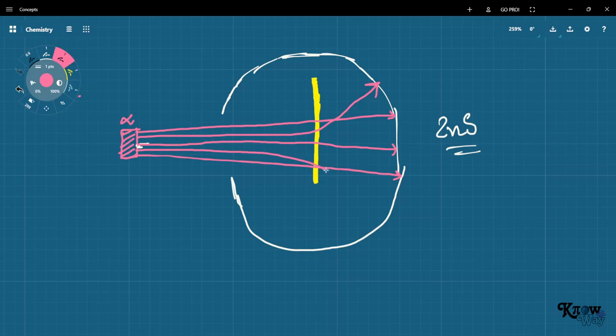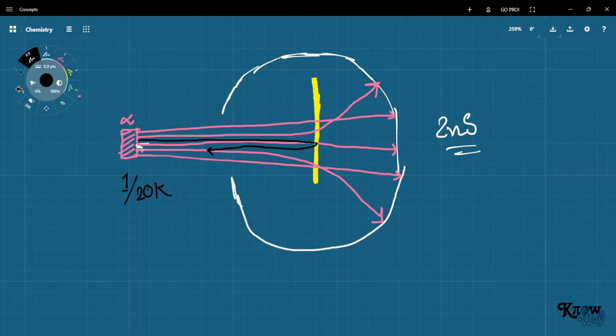And a very small amount hit the gold foil and came back 180 degrees, just like 1 out of 20,000.